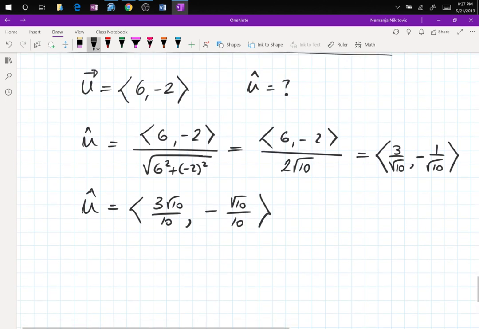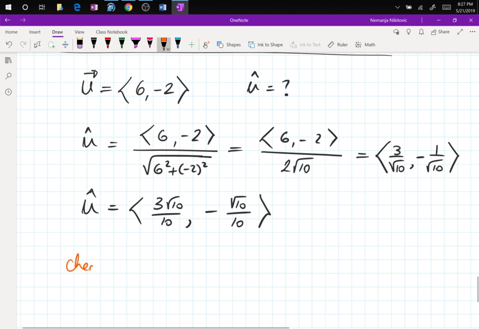So this is your unit vector, and you can quickly show that the magnitude of it is 1. Let's say you care and you want to check. You just find the magnitude, make sure it's 1. I'm gonna go green on this one. I don't use green enough.